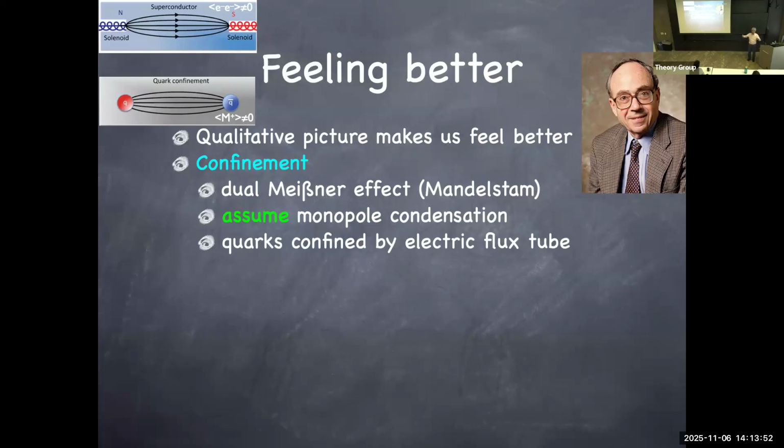So if you place an electric charge like quark color charge plus and quark color charge minus into a system where you have this monopole condensation, then the electric field between the quark plus and quark minus will be squeezed into a flux tube, and therefore energy is proportional to the distance between quark and antiquark.